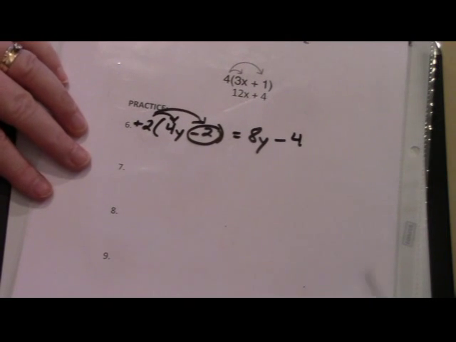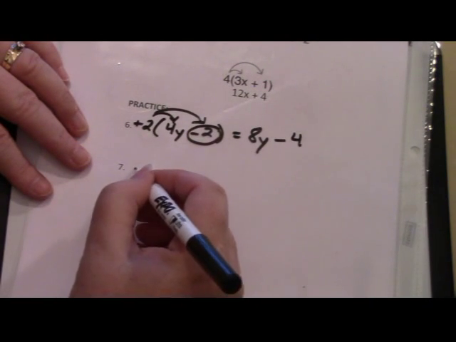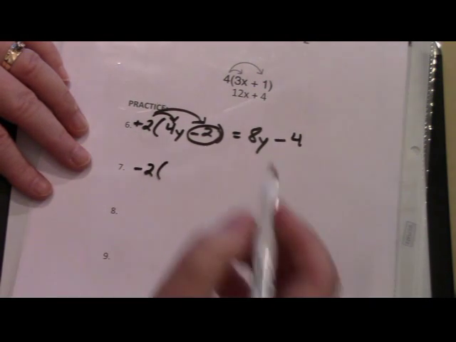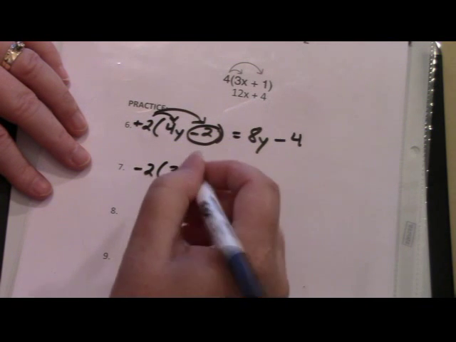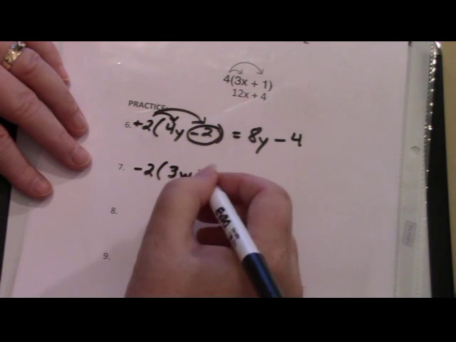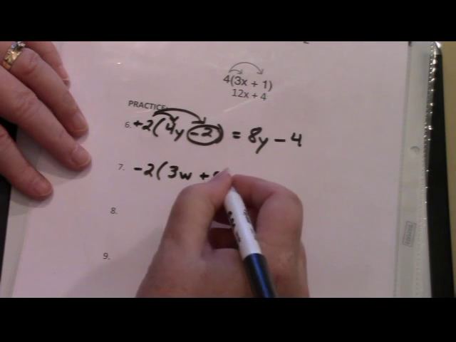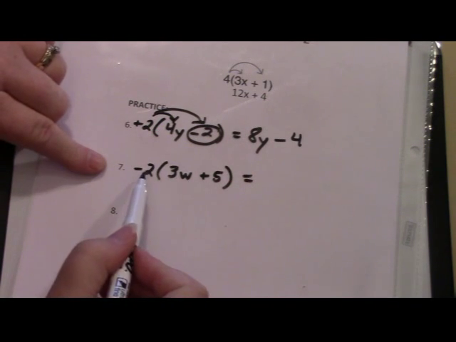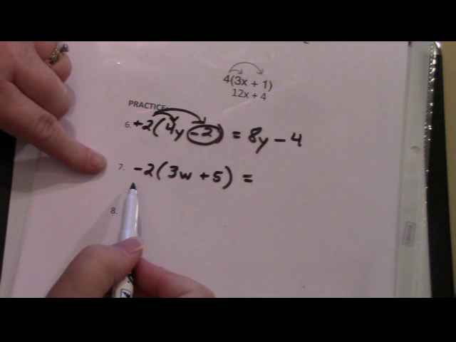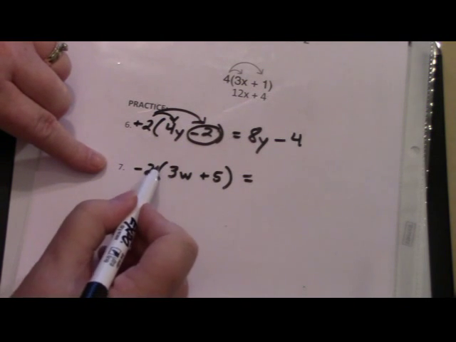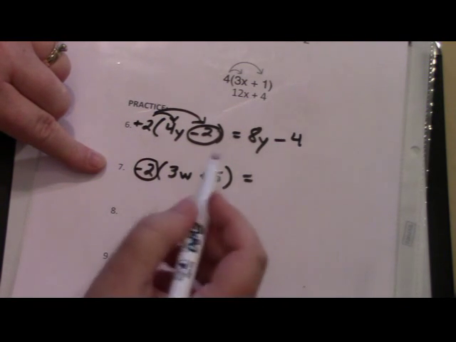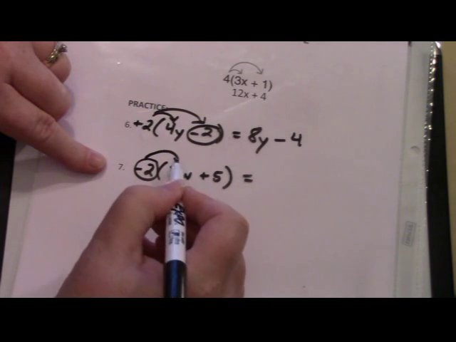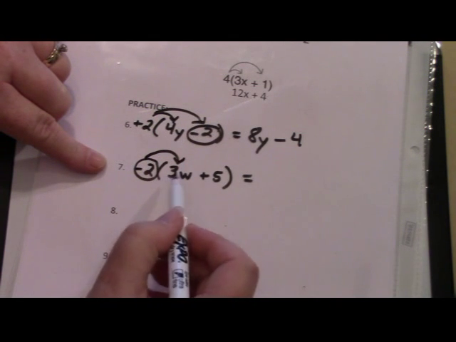Let's try another one. Let's do negative 2 this time times 3w plus 5. What's this going to do? I'm going to distribute the negative 2. Again, this term now has a negative in front of it, so I have to keep that all together. And I'm going to say negative 2 times 3w. This is a positive.